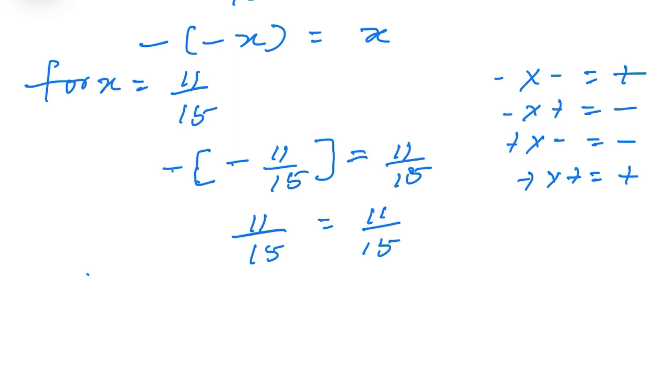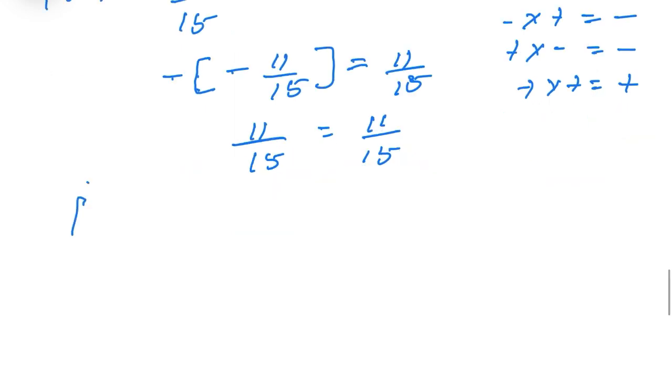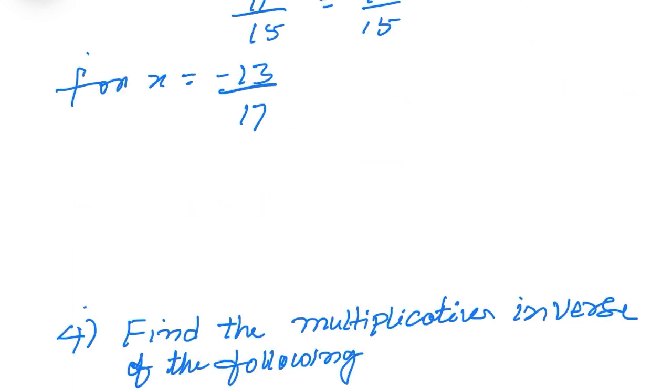Like this you can take x is equal to minus 13 by 17. Minus of minus x. In place of x, you are writing minus 13 by 17. So you keep a small bracket for that.